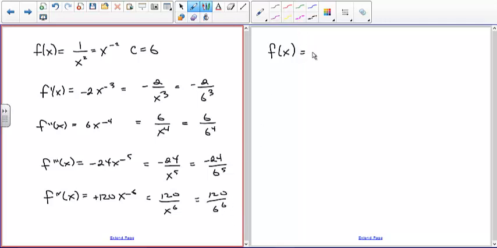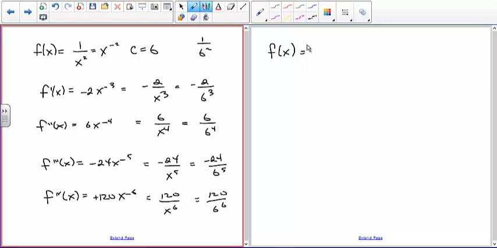So because this is a Taylor series, because we're going around some value other than x equals 0, it's going to have f of, not f of 0, but f of 6. So in this column I also have 1 over 6 squared.